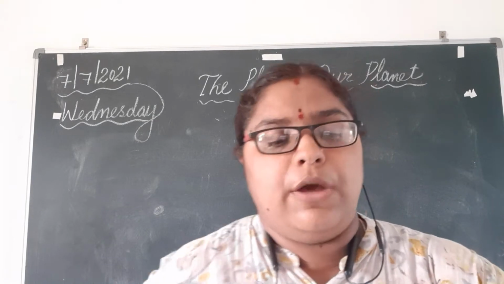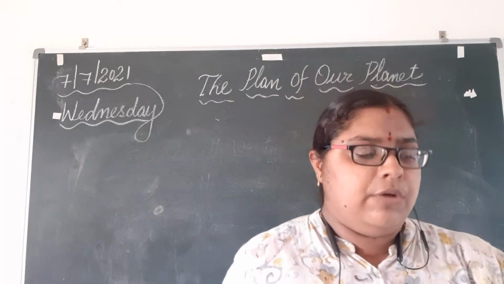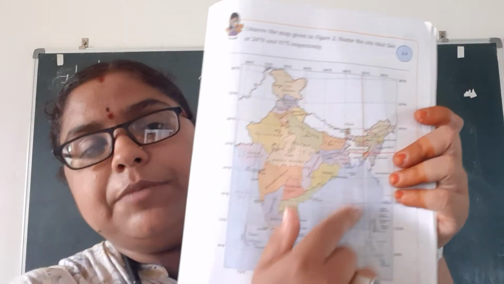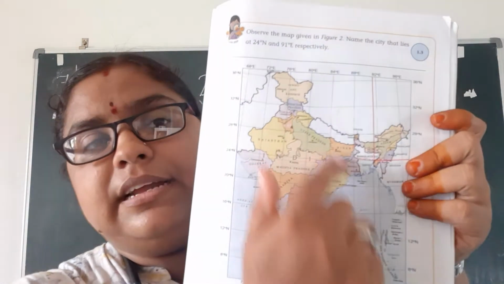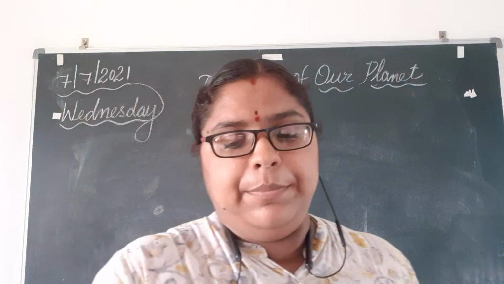Maps also have components such as colors and symbols. Observe this map. So many colors are there here, and some symbols also. See this red mark. Some symbols are also on the map.